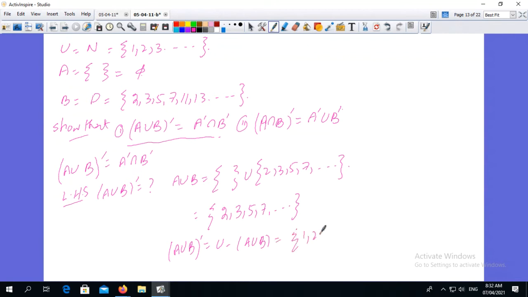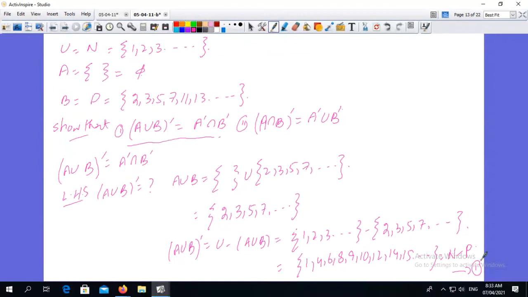U means natural numbers 1, 2, 3 up to infinity minus prime numbers 2, 3, 5, 7 and so on. The answer is 1, 4, 6, 8, 9, 10, 12, 14, 15 and so on, or we may write it as N minus P. Natural numbers minus the prime numbers, then we have N minus P. We name it equation number 1.